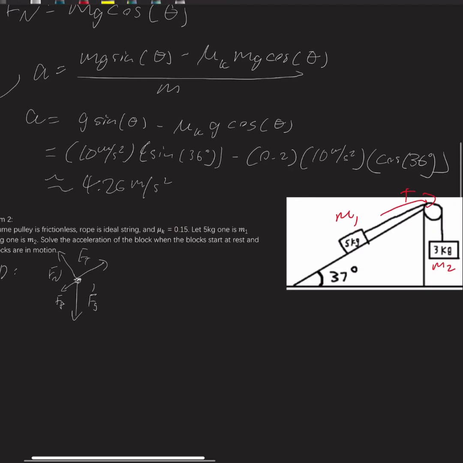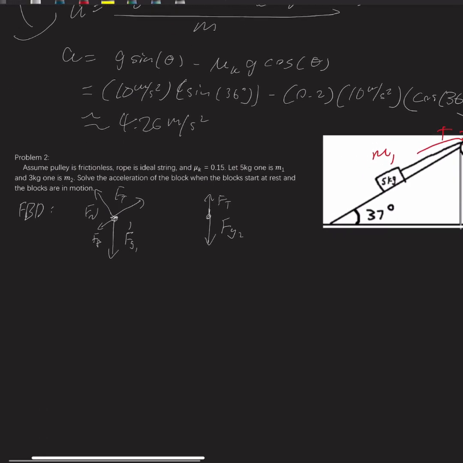This is mass 1. Mass 2 experiences two forces, force of gravity and force of tension. It's going down, so the force of gravity must be greater. We see that the magnitude of the arrows matters, so Fg2 is greater than Fg1's component. And it has a tension force acting on it.